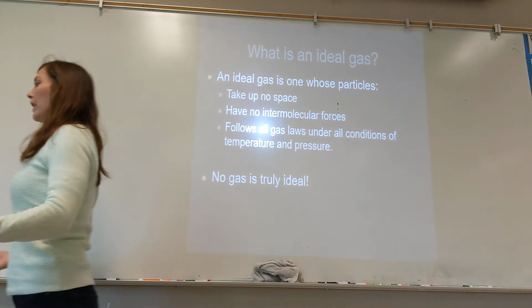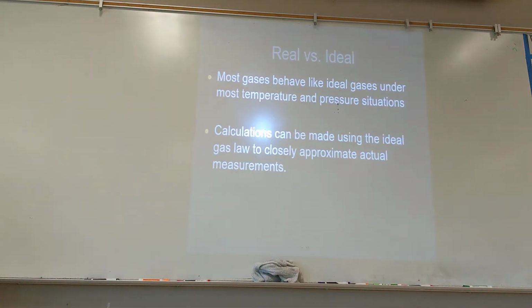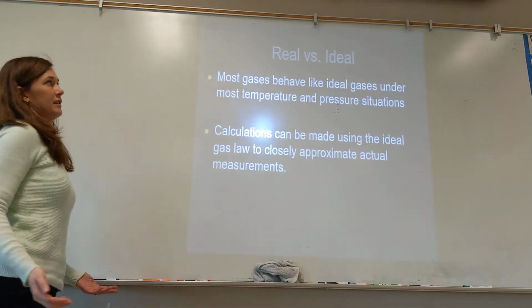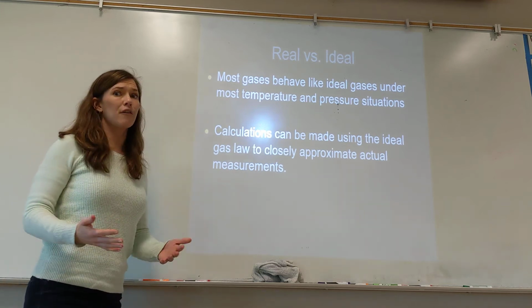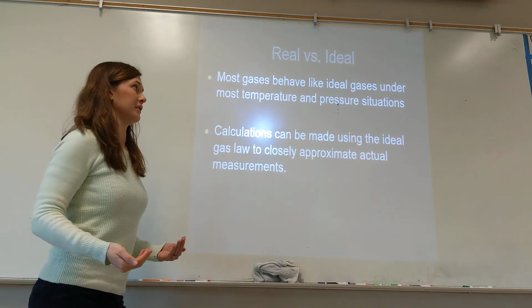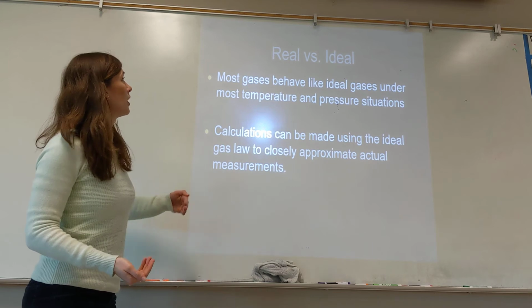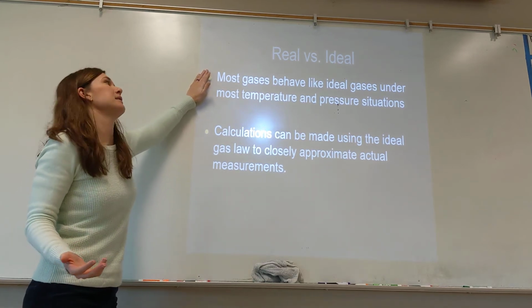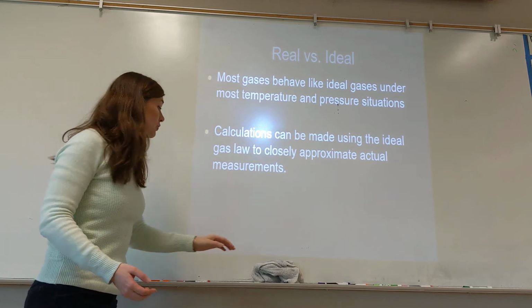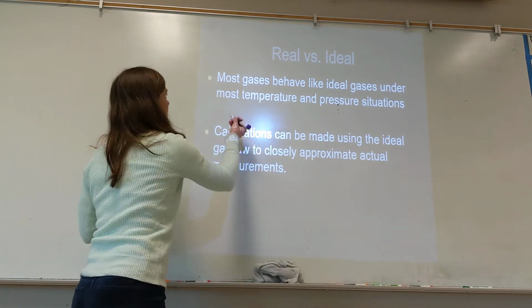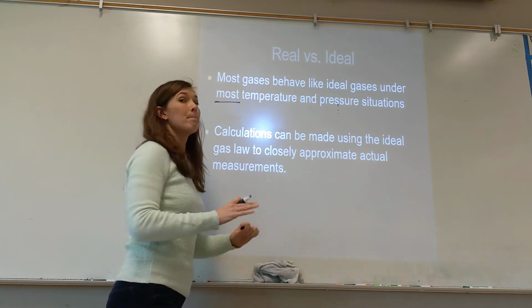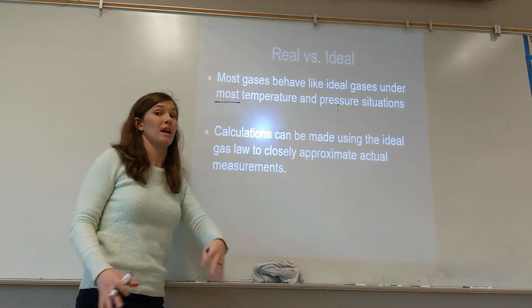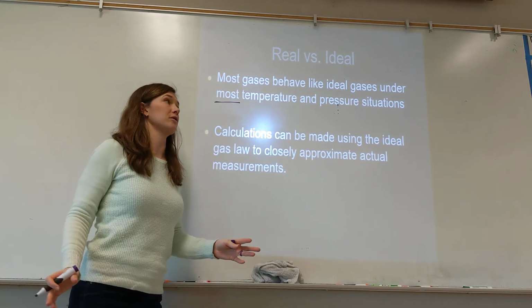So, why do we actually have this law if not all gases are truly ideal? Well, most gases behave like ideal gases under most temperature and pressure situations, like normal temperature and pressure situations.